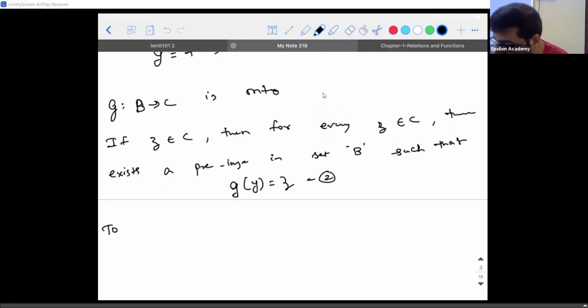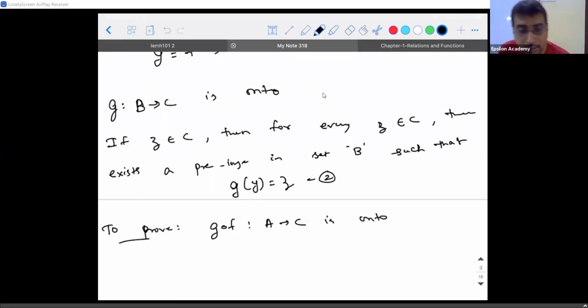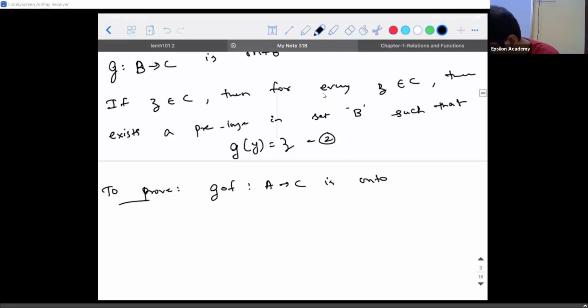So to prove g circle f mapped from A to C is onto, correct? For it to be onto, what is the condition?